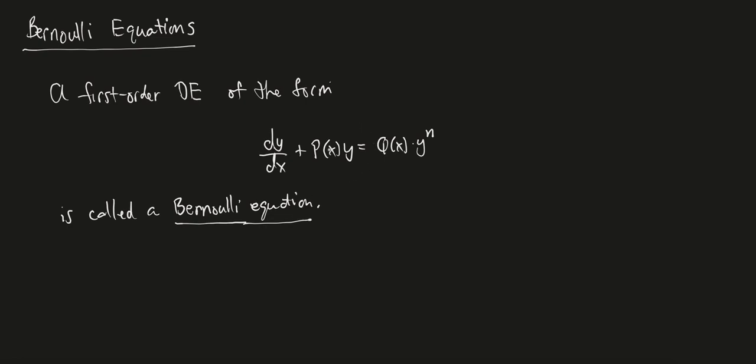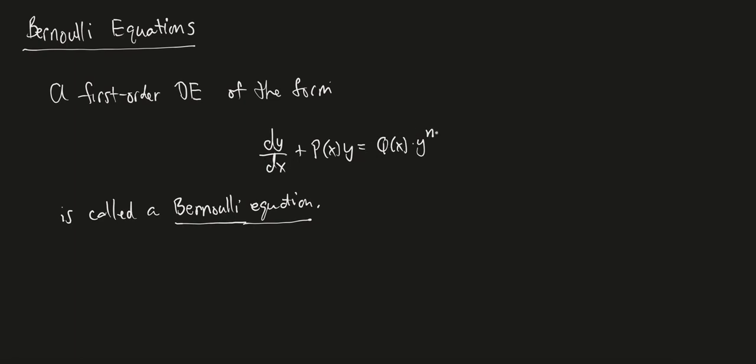Now, when you look at this, this is eerily similar to the standard form of a linear first order differential equation, correct? If the y to the n factor wasn't there, then it would be linear and we could use our integrating factor method.